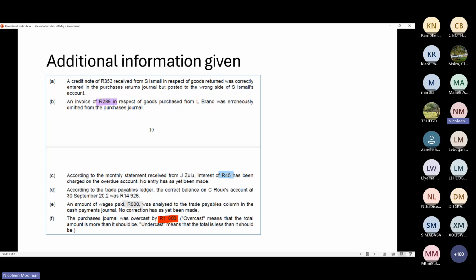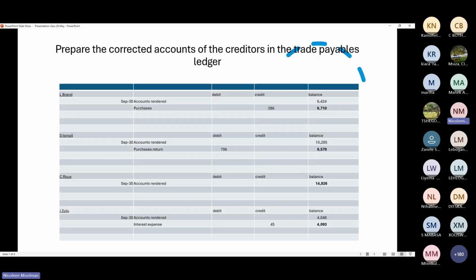So what we did incorrectly, we said credit his account with 353. So now we need to reverse that. So when we reverse that, we debit that. So we then say 10285 less 353.